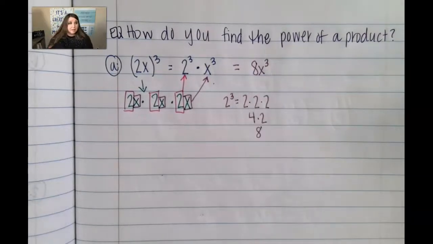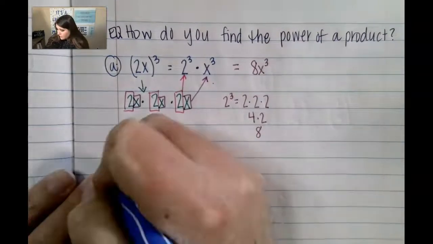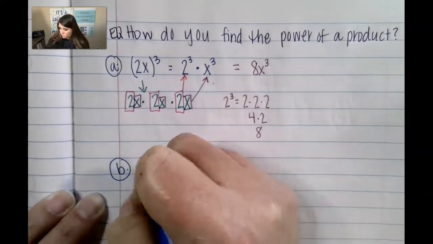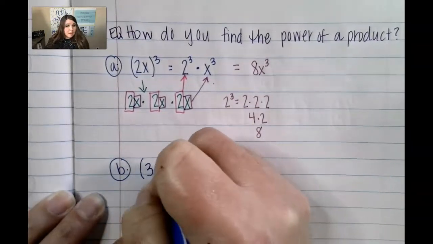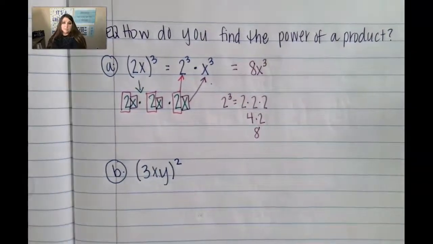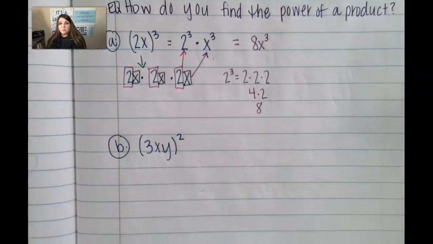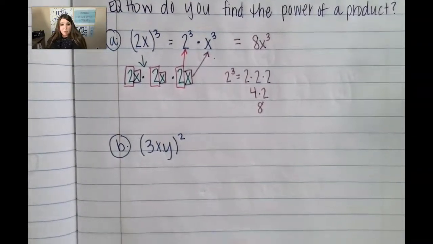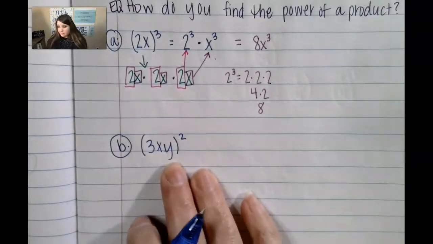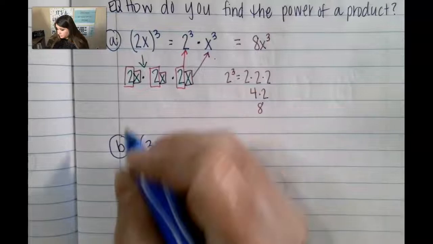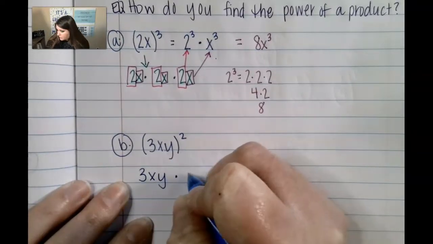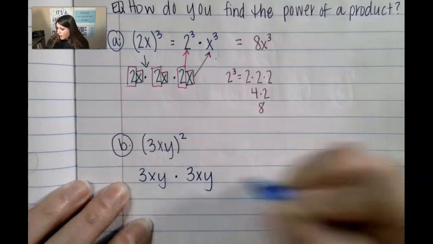All right, let's go ahead and look at another example. In this example, example B, we have 3 times x times y, all written to the second power. So when we find the power of the product, this is the product, the things that are being multiplied. This is the same as saying 3xy times 3xy.